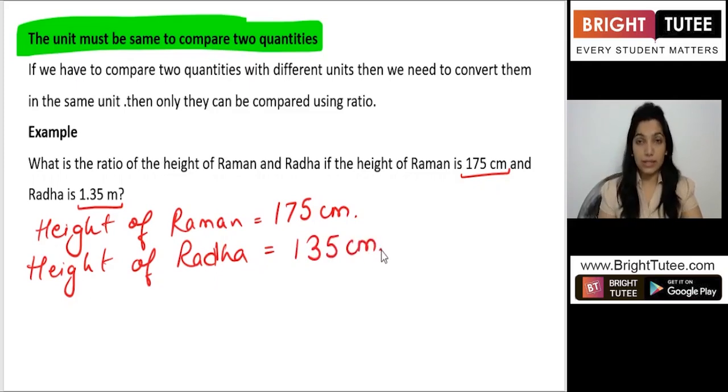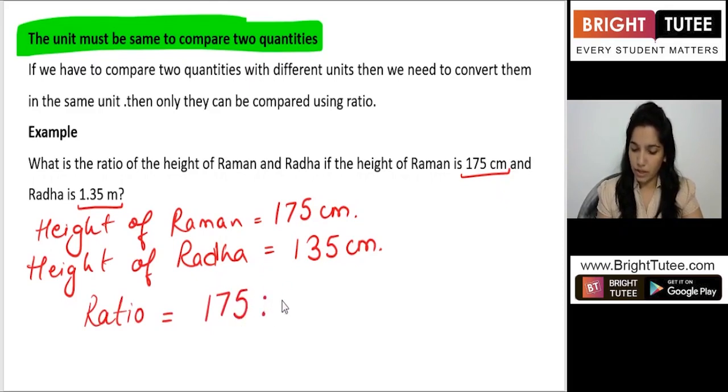Now let's write the ratio of their heights, because now they both have got the same unit. So it's simple. The ratio comes out to be 175 is to 135. Now we don't write units when we are writing the ratios. So this is the answer to this particular question, that is the height of Raman to that of Radha.